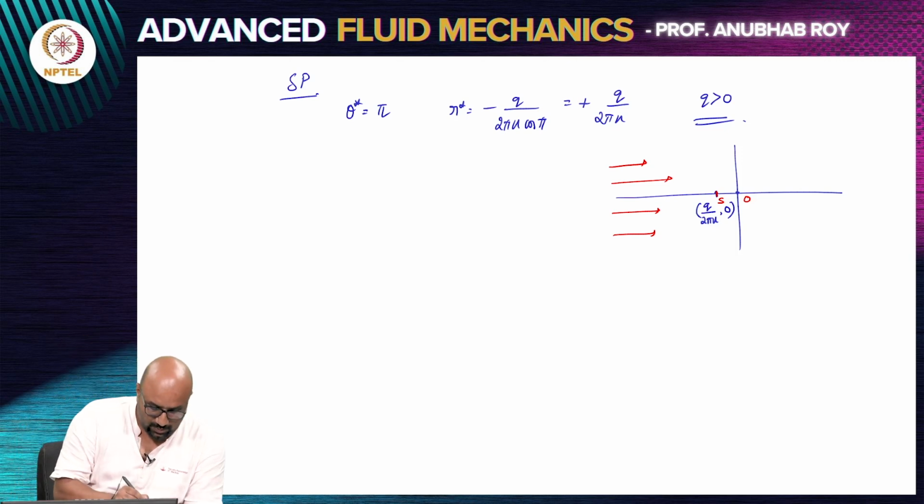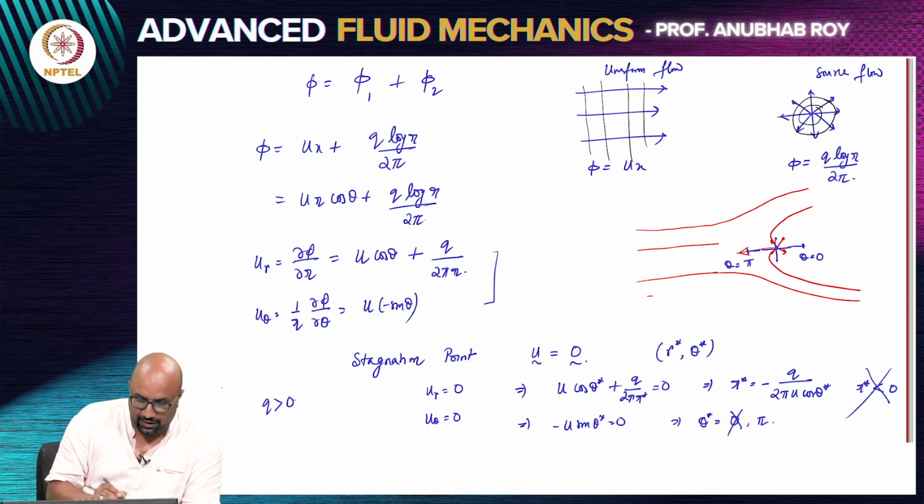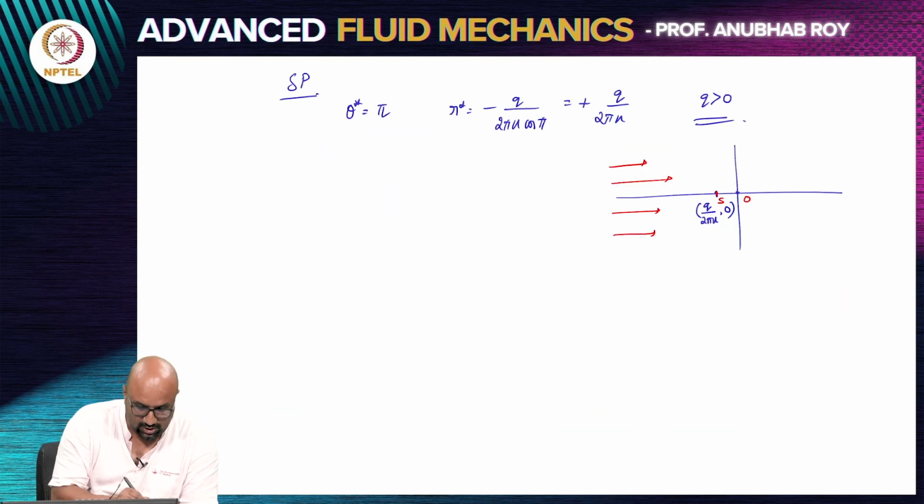Now, from this velocity field you can also find the stream function. I have written down my velocity potential, but you can also write down the stream function. The stream function would be u r sin theta plus q theta by 2 pi.